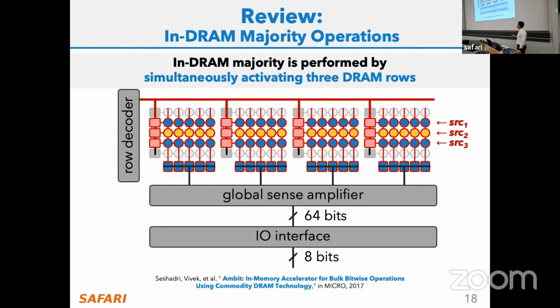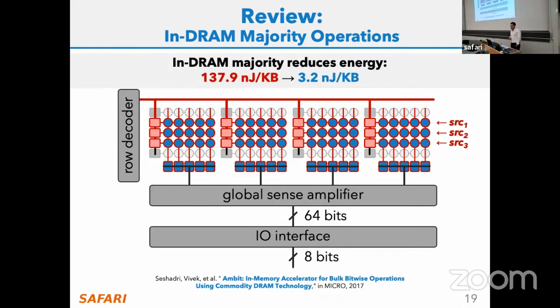And since we have a differential sense amplifier in the local sense amplifier, it is going to pull up the voltage to the majority of the sensed voltage levels in the 3 DRAM cells themselves. So in this case, the majority of blue, yellow, and blue is blue. So again, by doing majority operations like this, we can improve the energy efficiency of in-DRAM Boolean operations significantly compared to a baseline CPU die.